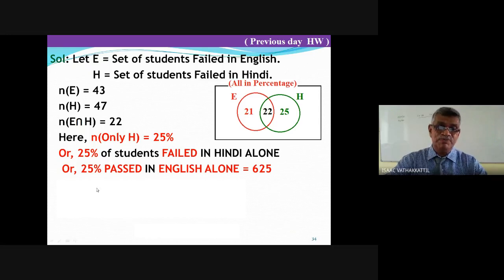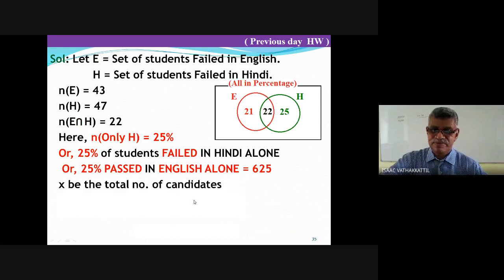So that is what we mean. 25% passed in English alone. Now 25% is equal to 625. What is the total number? That is a simple arithmetic. You study in 7th. Let the total number be x. Agreed? Let the total number be x. Then x into 25%, that is x into 25 by 100 is 625.